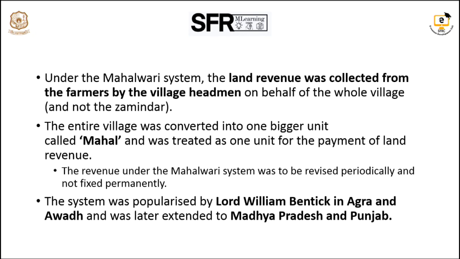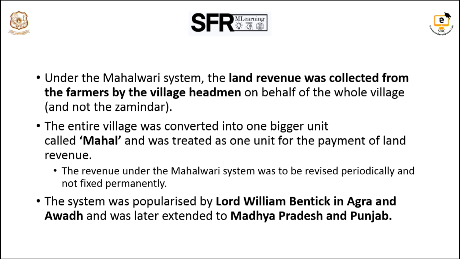Hence it was called the Mahalwari system. So the Mahal had a headman who collected the revenue and handed it over to the British. The Mahal is the biggest unit of a village, and the village headman is a mediator, almost like the zamindars but not exactly like a zamindar.